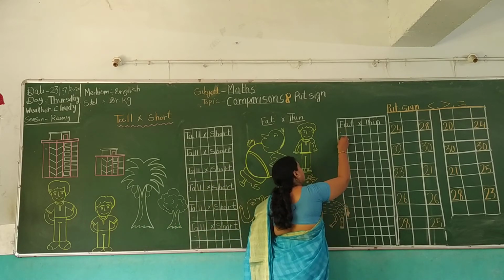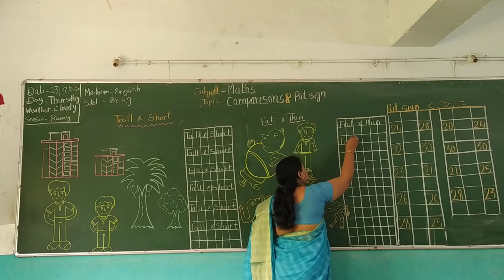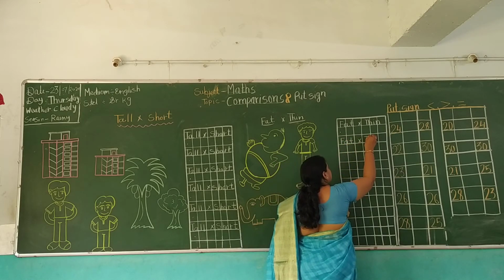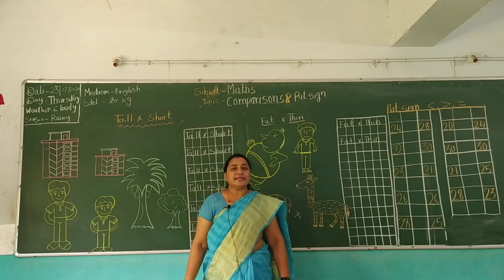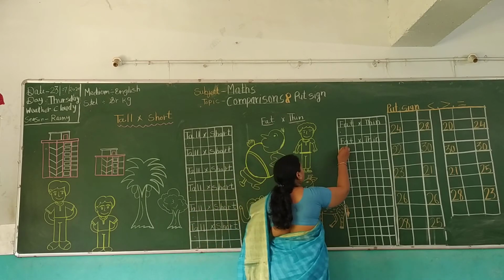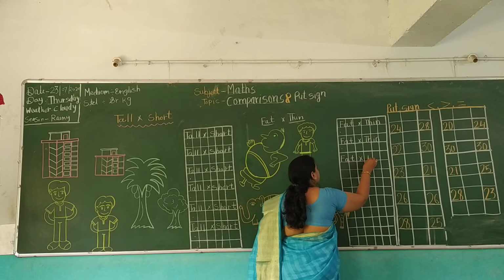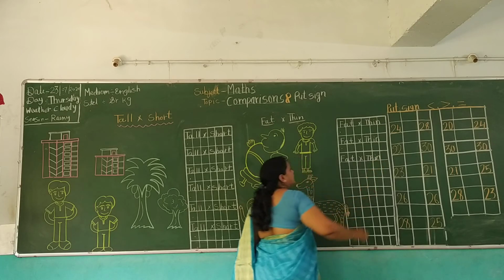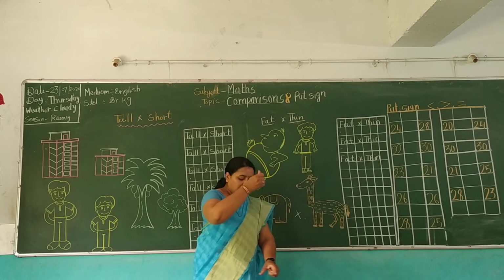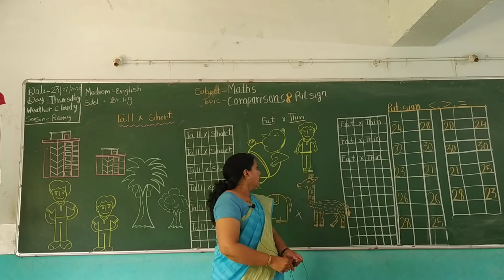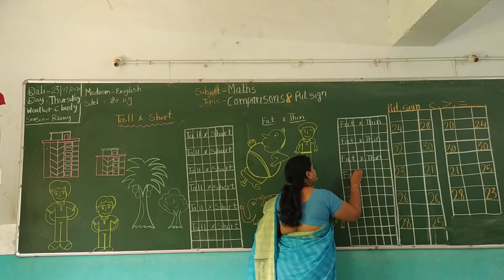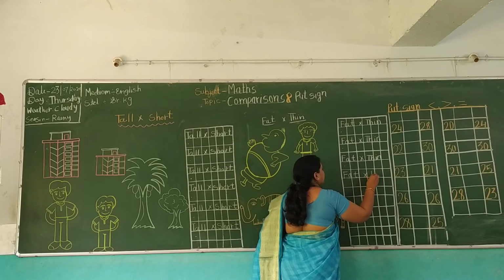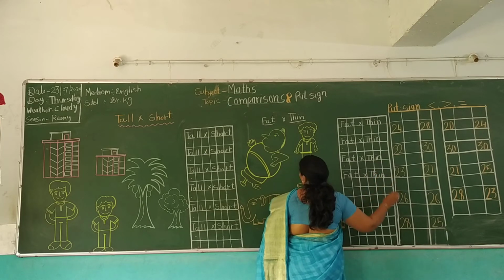Again leave one block. Write down F-A-T, fat. T-H-I-N, thin. Again leave one block, then write down fat, thin. Again leave one block and write down fat, thin.